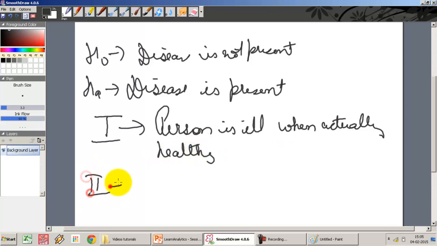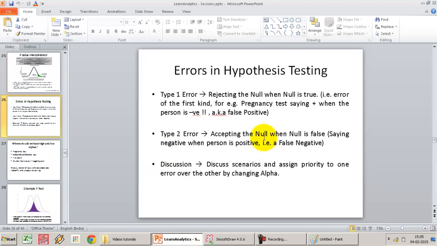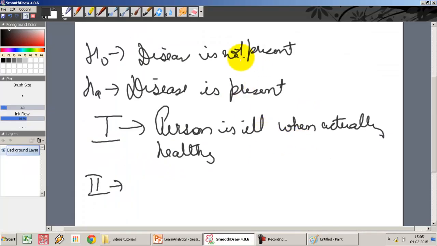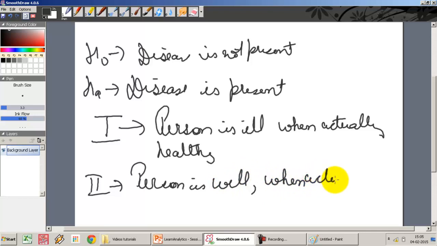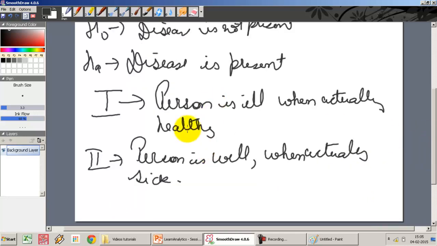What's a type 2 error over here? Accepting the null when the null is false, the null being that the disease is not present: saying the person is well when actually sick. So what kind of error is more serious over here, a type 1 error or a type 2 error?